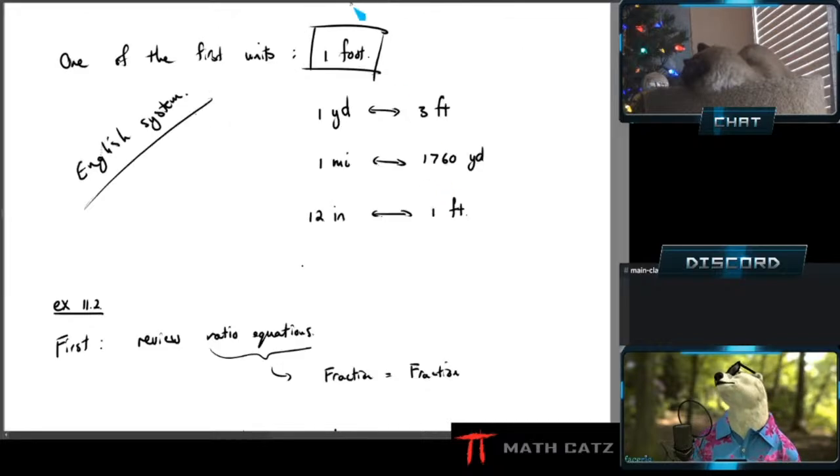So let's go back to this. Soon people realize that, as much as we need to be thankful for the sort of British nations and their historical significance for getting us to where we are, these units aren't the most efficient.